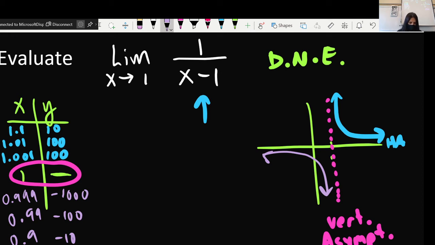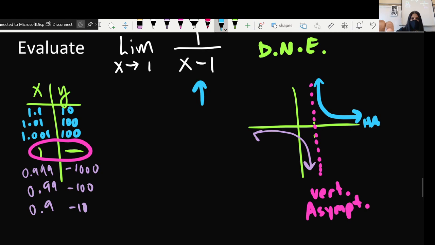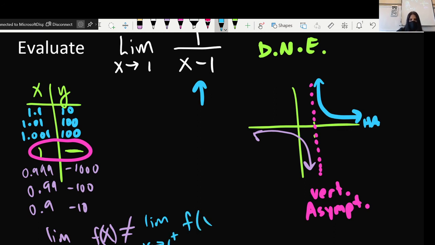Okay, so what we would get from this is, let me color coordinate it, the limit as x approaches 1 from the negative side, from the left of the asymptote, of f of x does not equal the limit as x approaches 1 from the positive side of f of x.